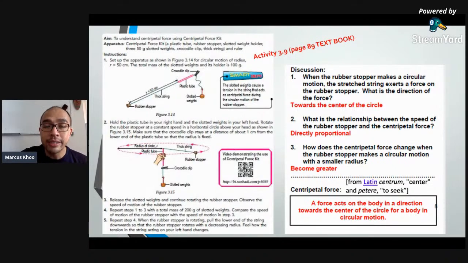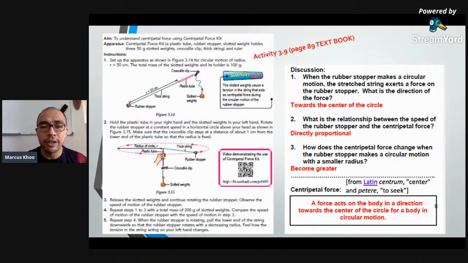The pull on the string that you feel when the rubber stopper makes a circular motion is a force exerted by the stretched string. The string needs to be stretched in order for it to go around. That force is what we call the centripetal force. It is the force by which the Earth pulls our satellites, our moon, to make them go around the Earth.